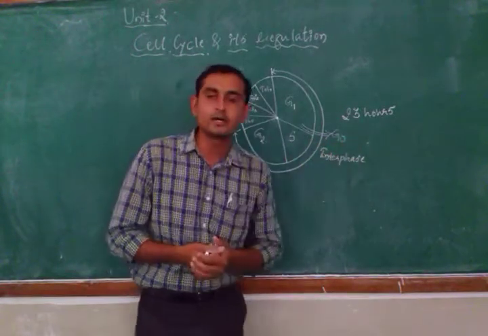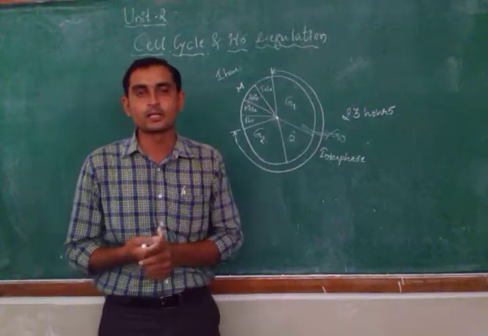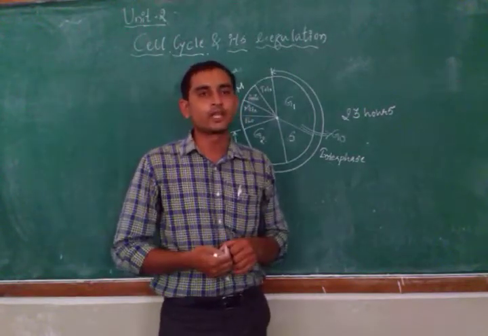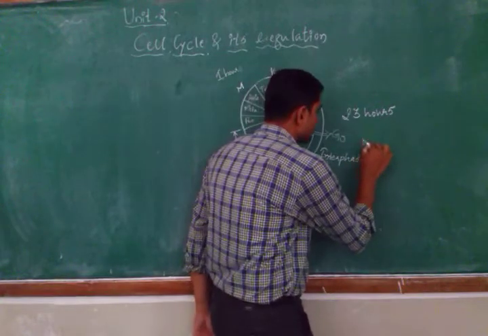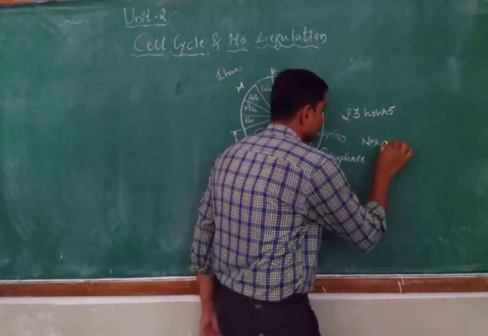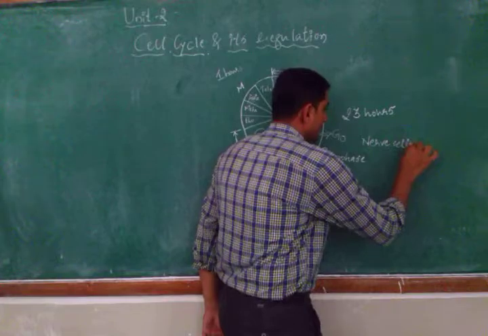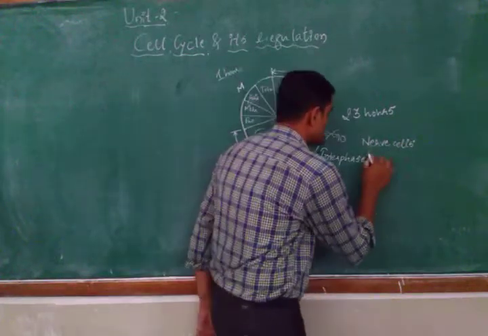There are some examples of human cells which permanently enter into G0 phase, and the examples are nerve cells and muscle cells.